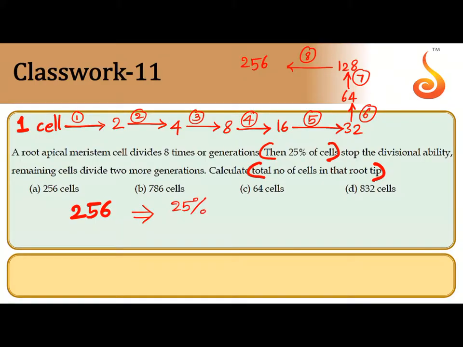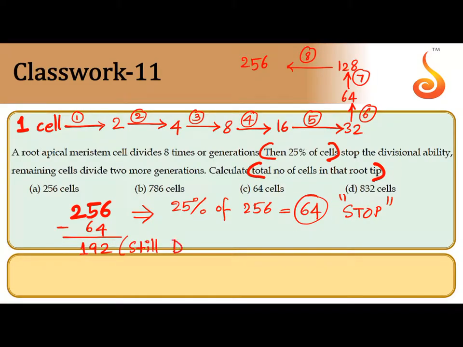25% stops dividing. So 25% of 256 is equal to 64. So 64 cells have stopped dividing. Let me subtract 64 from 256. I am left with 192. 192 cells are still dividing. They are still very much active in dividing, and they divide for 2 generations.